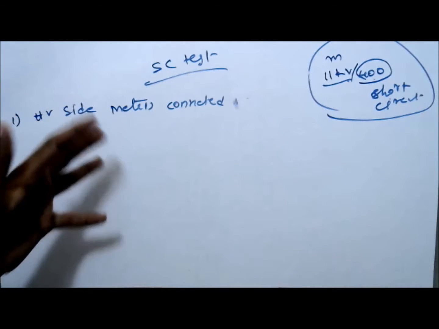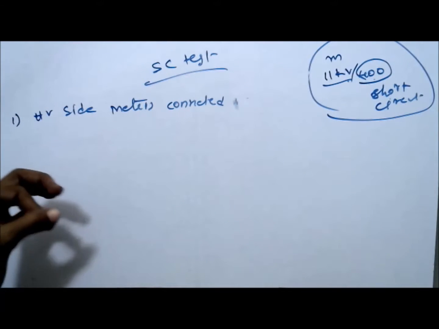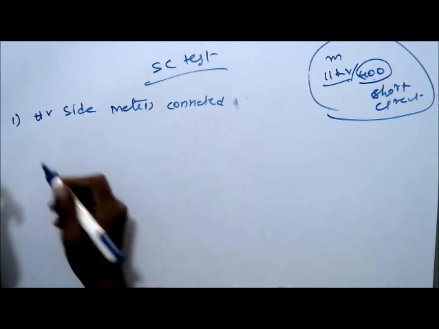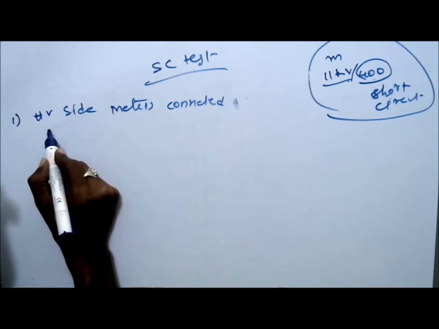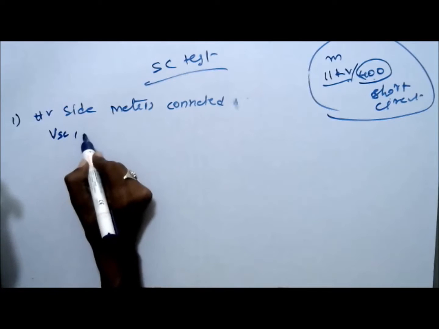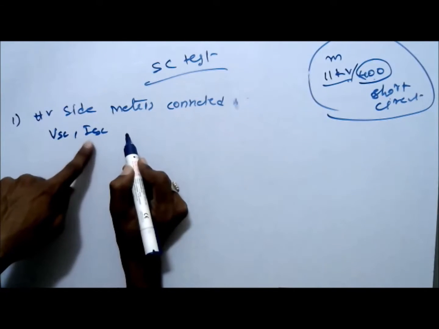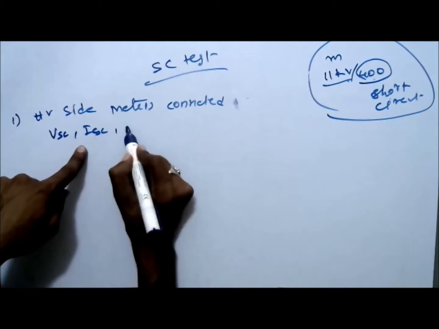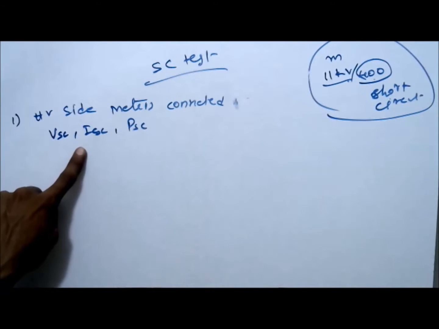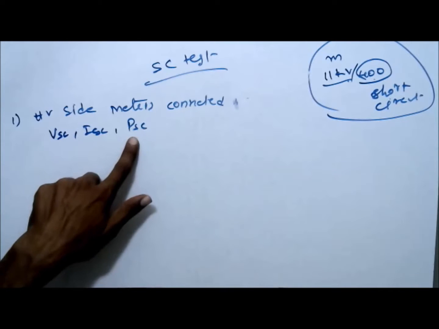How will we get the series branch parameters from the SC test? Here we apply the voltage VSC, record the readings of the current ISC, and PSC, the short circuit power.